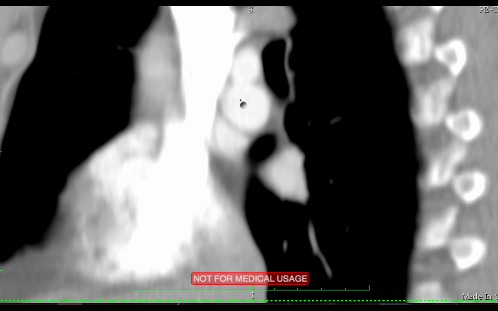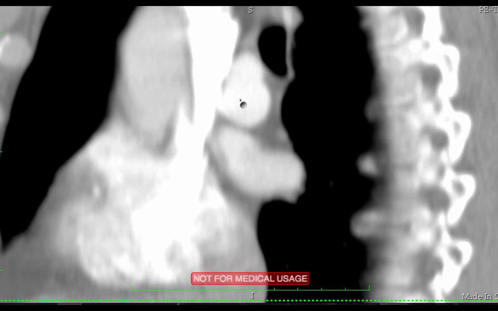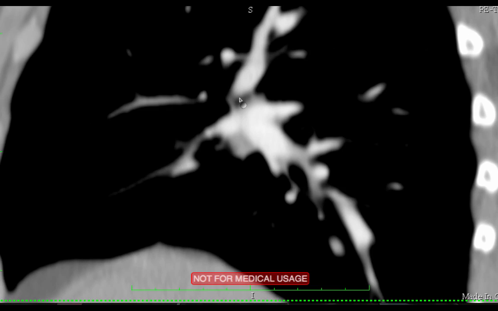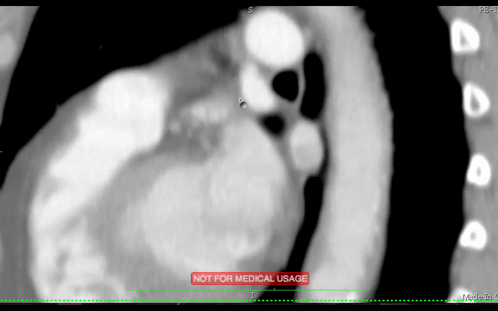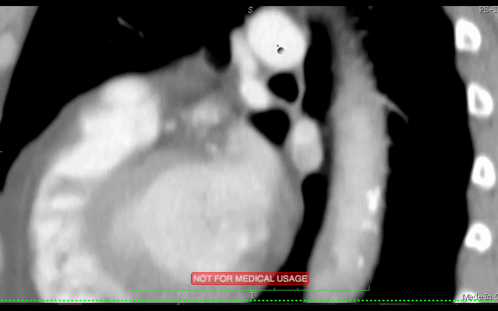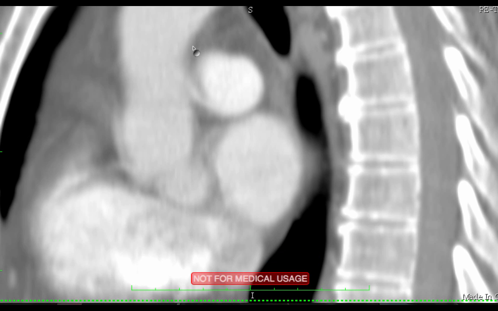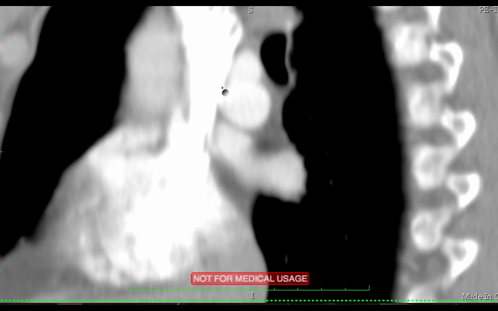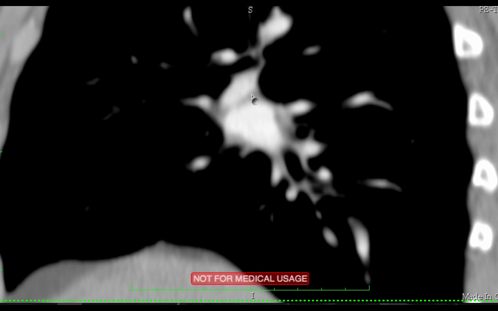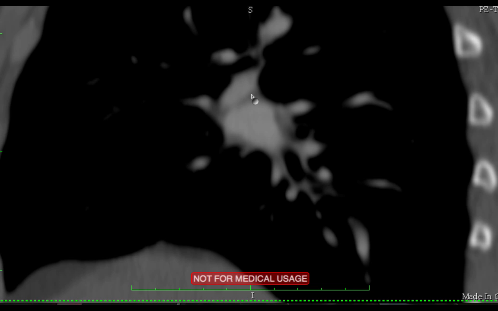This, however, is a pulmonary artery, and this pulmonary artery goes to the right like that, and then it goes to the left like this. So this is the left pulmonary artery, main pulmonary artery, and then this is the right pulmonary artery. So that is deoxygenated blood that's going to the lungs to be reoxygenated.